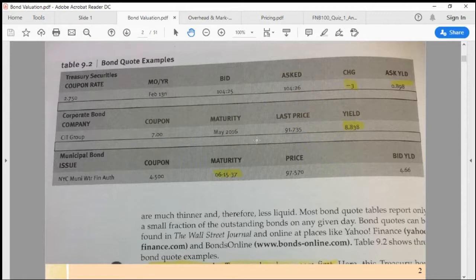Longer time left to maturity will translate to more chances of cash flows, in other words, the coupon payments. You have only like 6 coupon payments left in this case, but you have like 20 coupon payments left in this case. The coupon is much better, much more handsome coupon here, more than twice this, right?